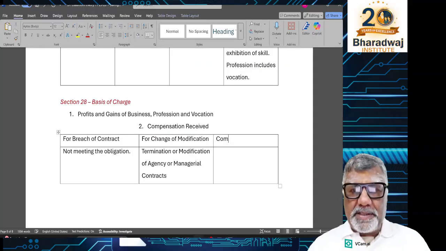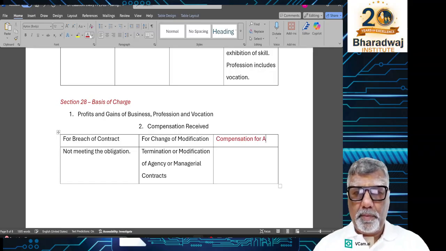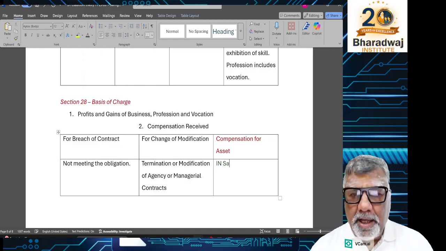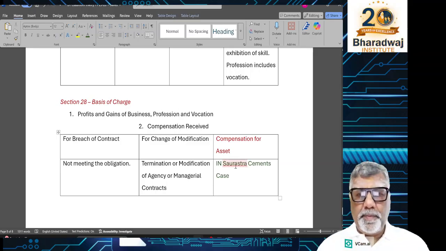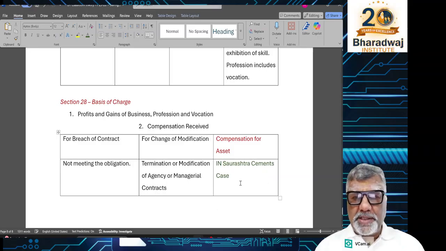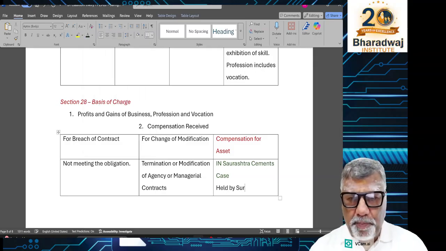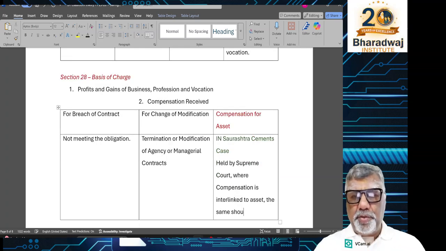In the Saurashtra Cement case, held by the Supreme Court, where compensation is interlinked to an asset, the same should be adjusted with the cost of the asset.